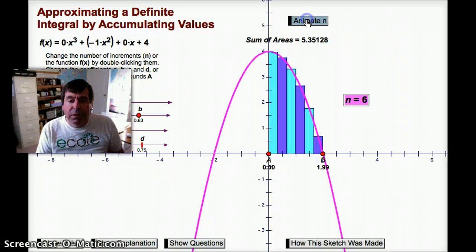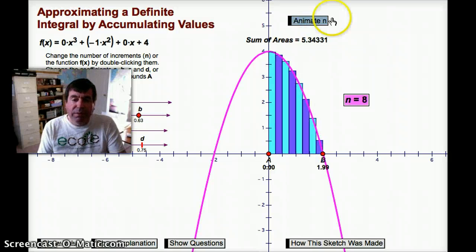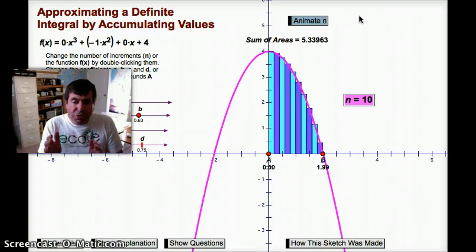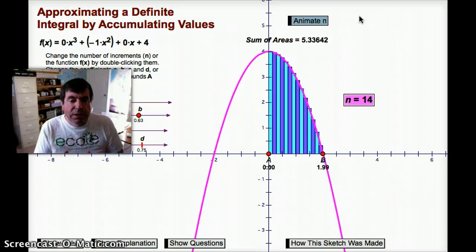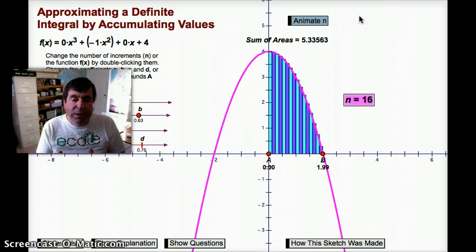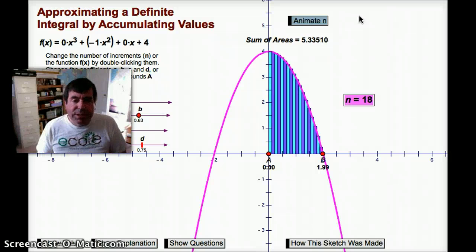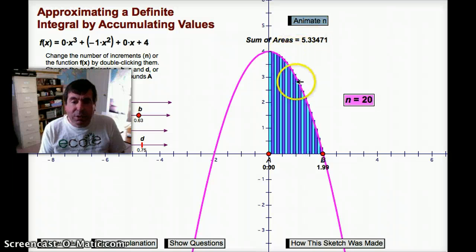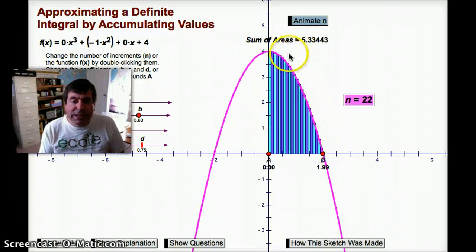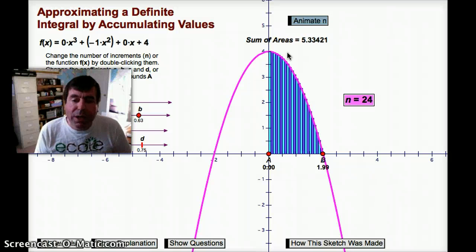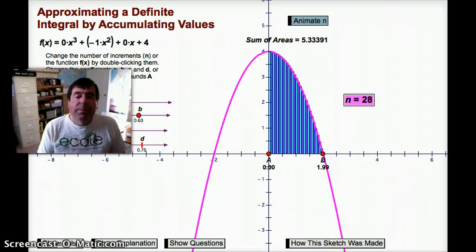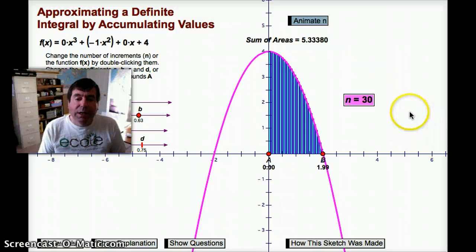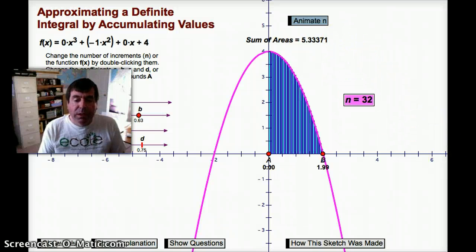We have 5 rectangles, and we're trying to make the rectangles thinner and thinner and thinner. So as n goes to infinity, an infinite number of rectangles, this little space over here on the curve will become less and less, and it will approximate the true area under the curve, which again, is very, very interesting. And notice we're at 29 and we have 5.33.